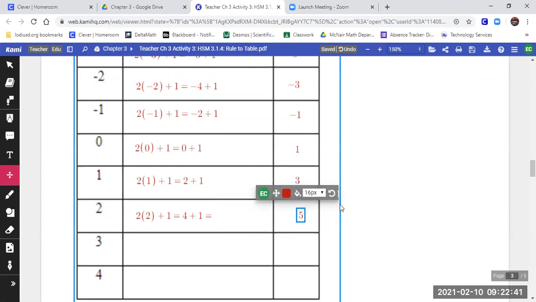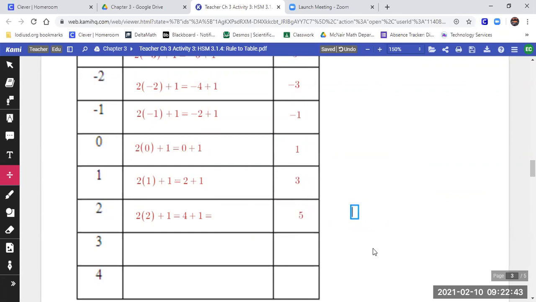Okay, so what's the next row going to say? Other people should be responding. Okay.